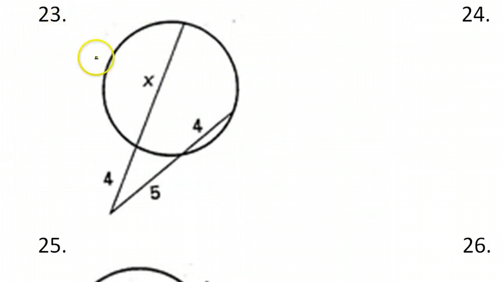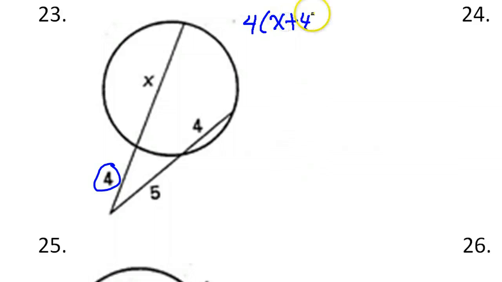So looking at number 23, part times whole equals part times whole. Again, it has to be the outer part when I say part. So it's going to be 4 times x plus 4, the outer part times the whole thing. And that's going to equal 5 times 9.